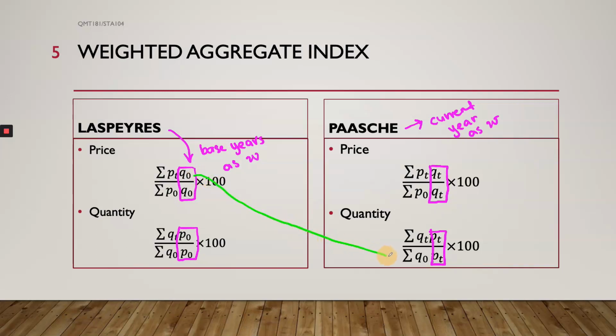So this will be equal to this. And for quantity Laspeyres, the numerator is the same as the denominator for price Paasche. For price Paasche and quantity Paasche, the numerators for both are the same. They are using the same formula. While for Laspeyres price and quantity, the denominators are the same between both.